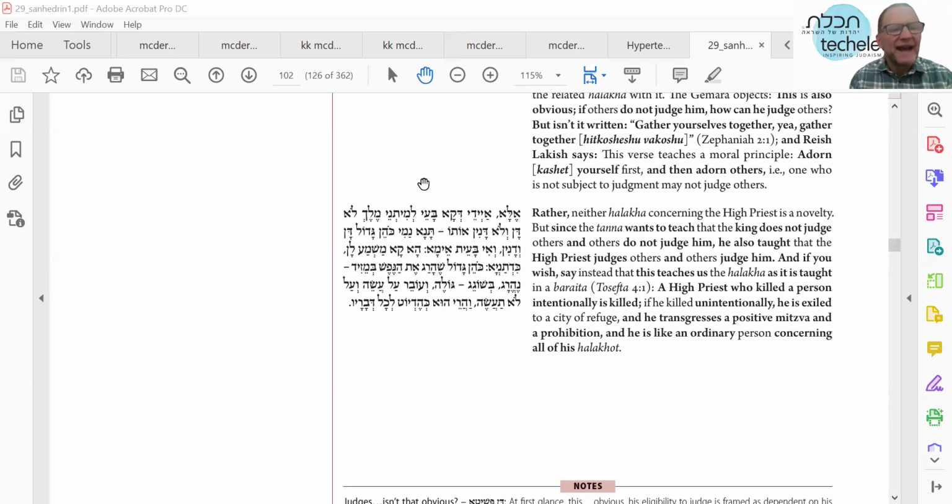So now we're going to try again to see why we might think that there is a case where the Kohen Gadol is not judged, and he tries again. And the Gemarah says, Ella, rather, this is what it's coming to teach us.